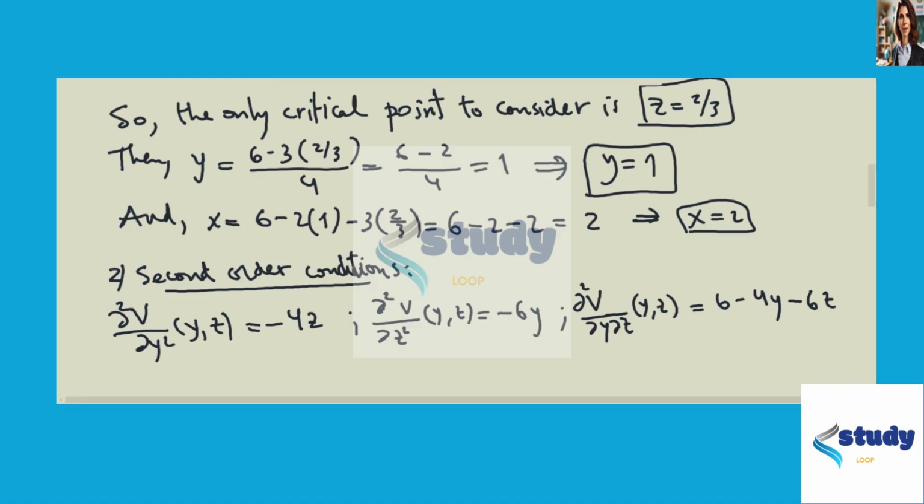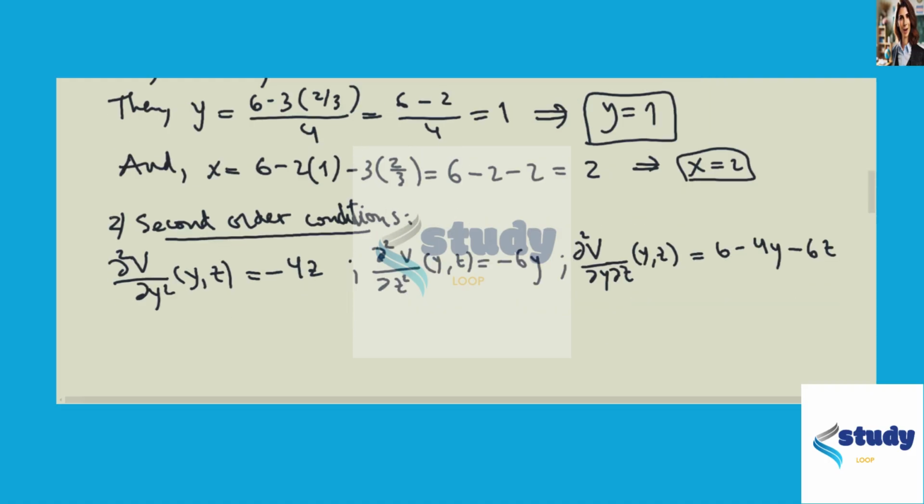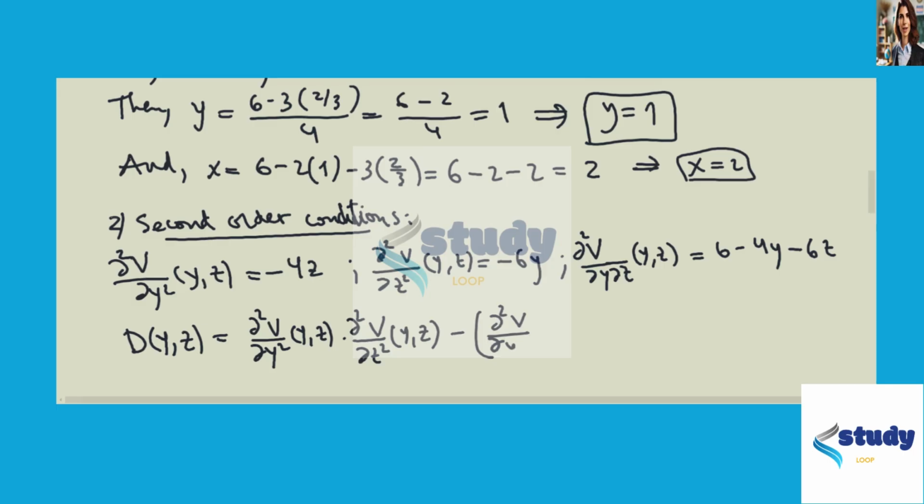And so here we calculate what we call the determinant of the Hessian matrix, that is D of (y,z), is the expression second order derivative with respect to y times the second order partial derivative with respect to z minus the square of the mixed second order partial derivative.